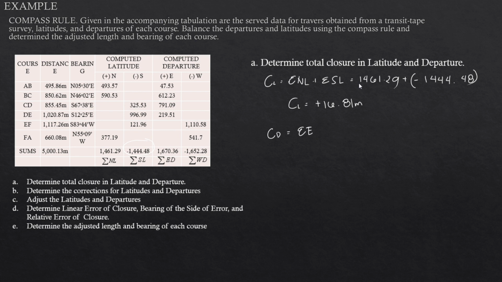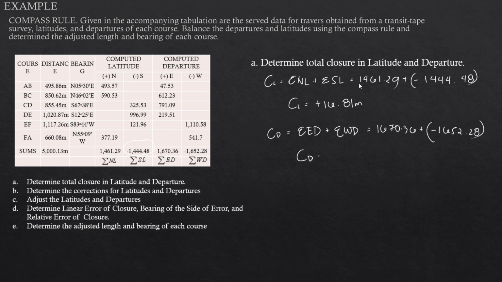So, east departure plus summation ng west departure natin is equal to ED natin is equal to 1,670.36 plus west natin is negative 1,652.28.